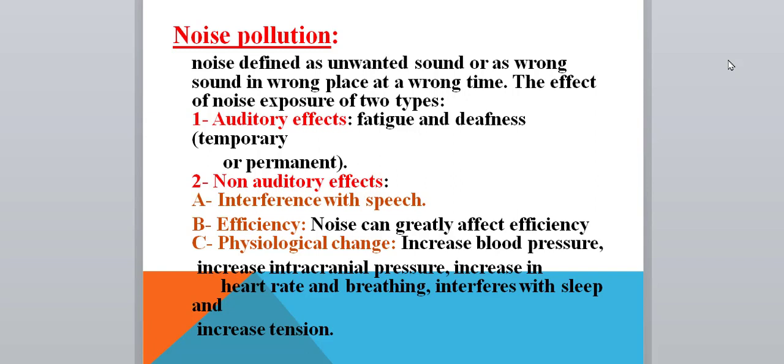Heart rate could increase, blood pressure could increase, the intracranial pressure could increase, and the breathing also increases, with interference with sleep and increased tension.